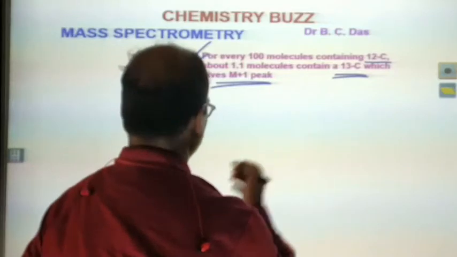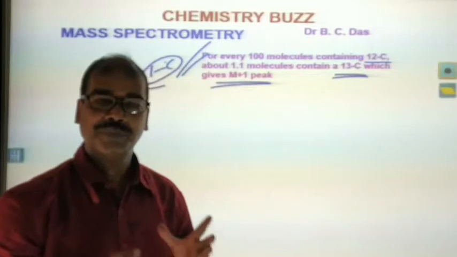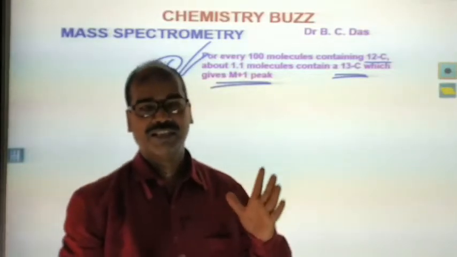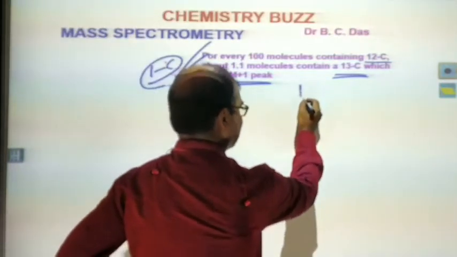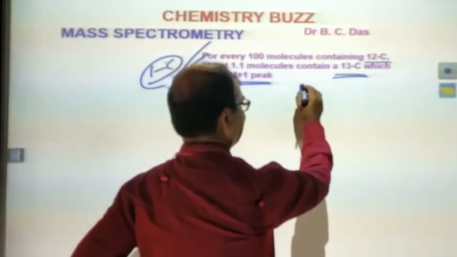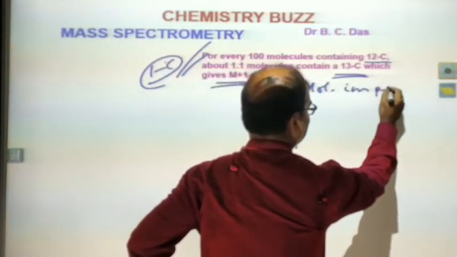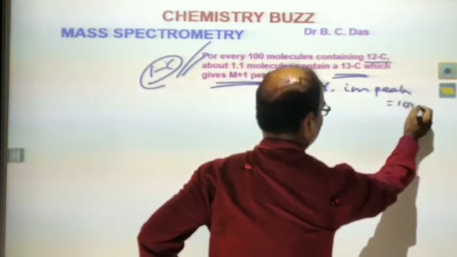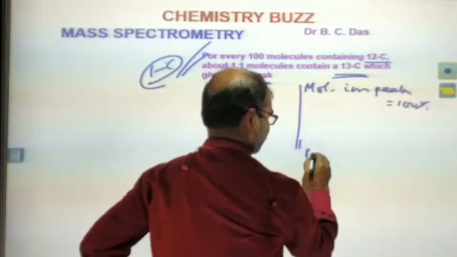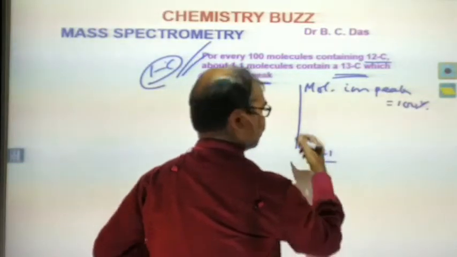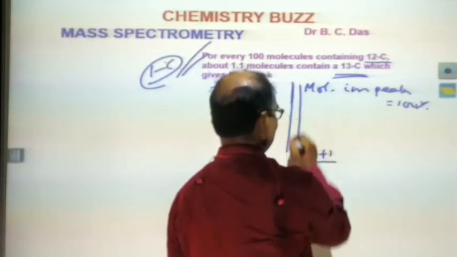Let us calculate the relative intensity of the isotopic peak. If we consider this a molecular ion peak, then this molecular ion peak is considered as 100%, and the M+1 peak will be reported as a percentage of this molecular ion.